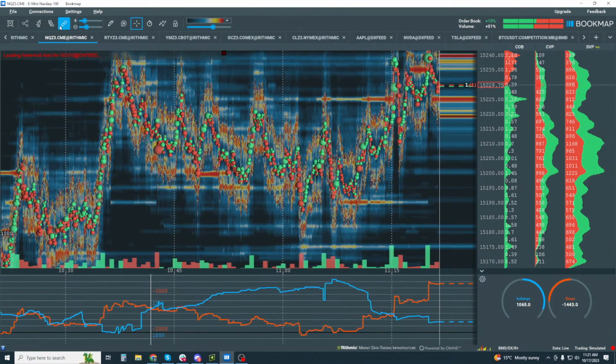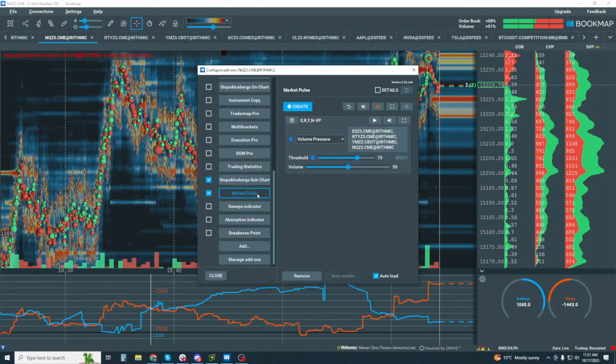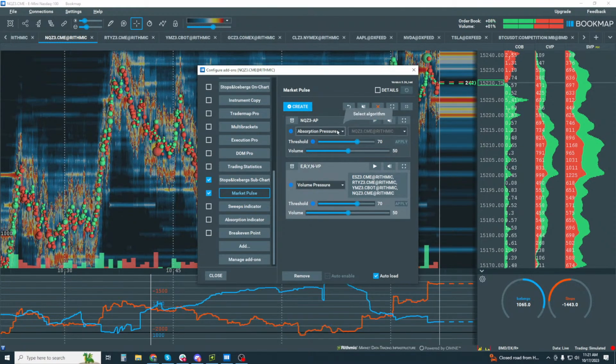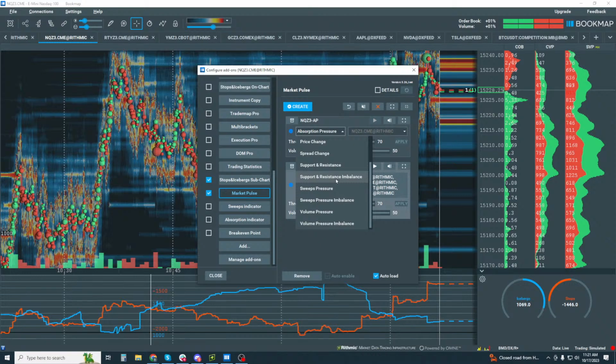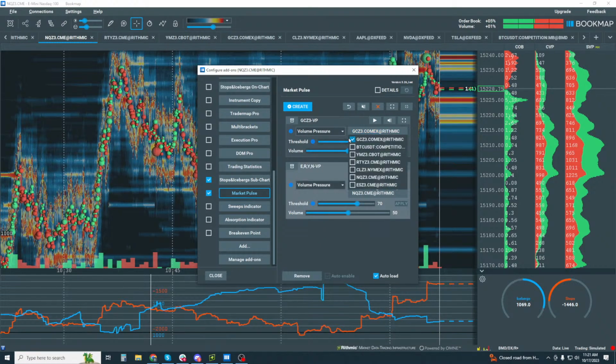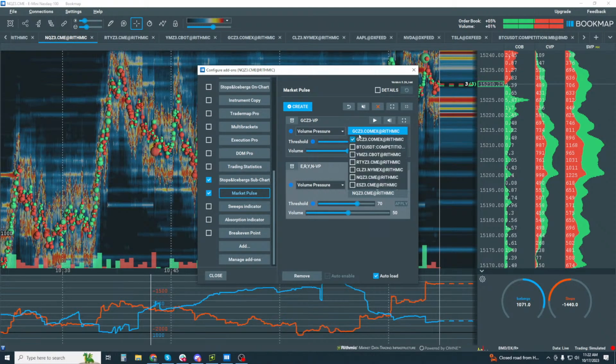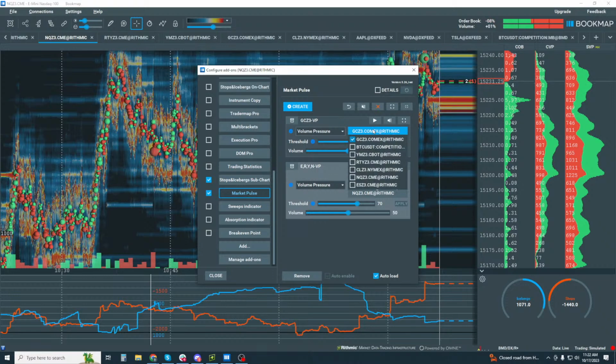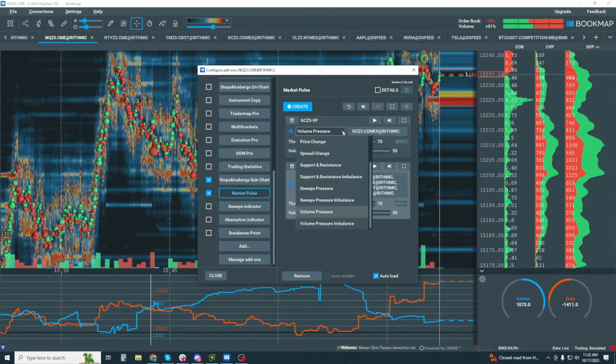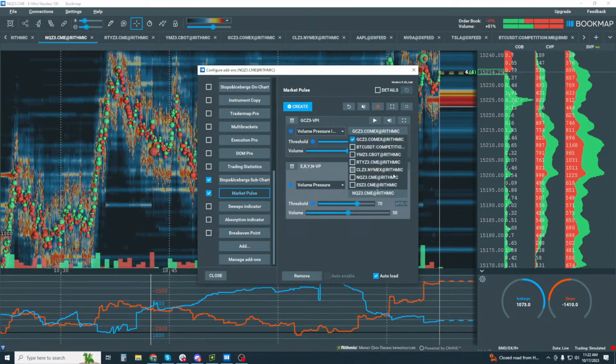Okay, so now let's add a Market Pulse in here. Let's keep that one. We'll create a new one, and we're going to look at volume pressure. Come on now. Why is it just showing the features? I don't want to look at the features.